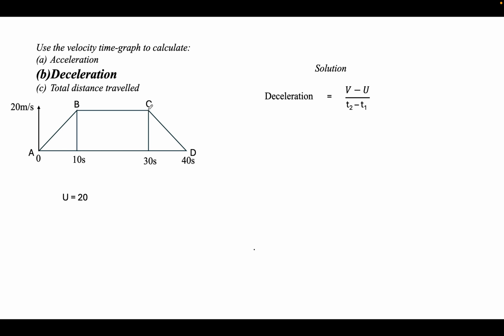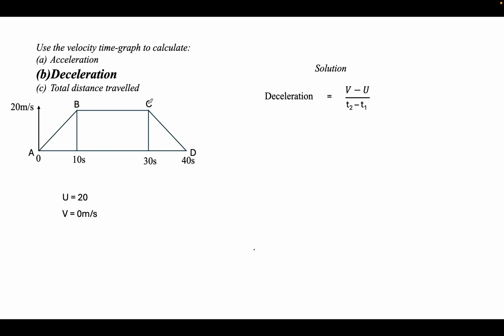Then from point C, the object decelerates to point D. So when the object reaches point D, that is where we can look for our final velocity. So at this point, the final velocity is 0.